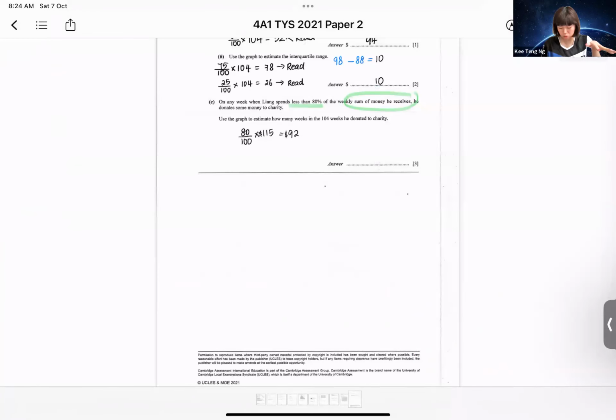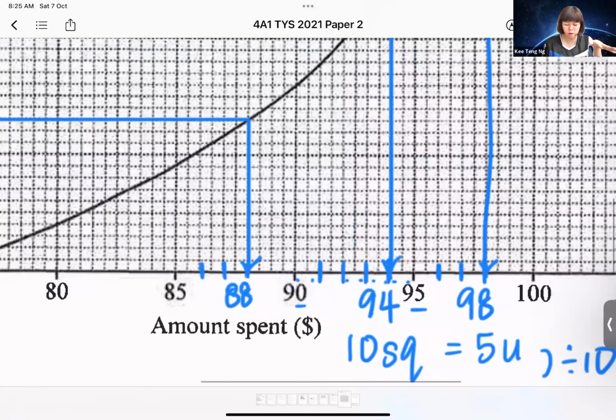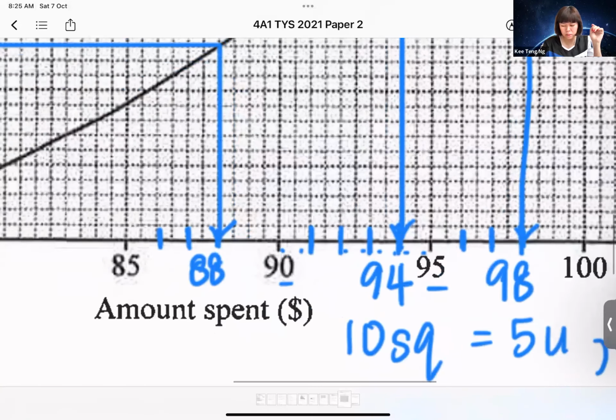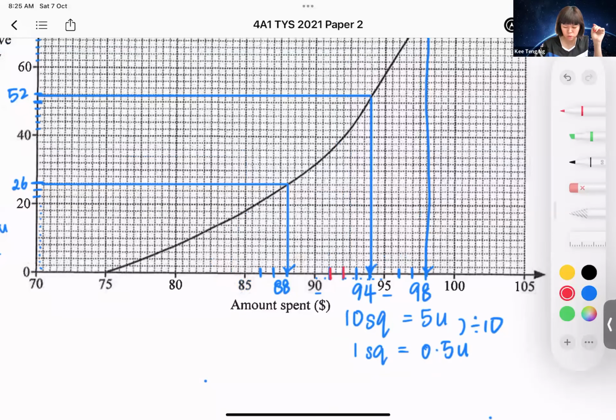So they want the number $92. So we look at our axis over here, $92. In this case, 91, 92 is over here. Then I draw my line at 92 and read my value.